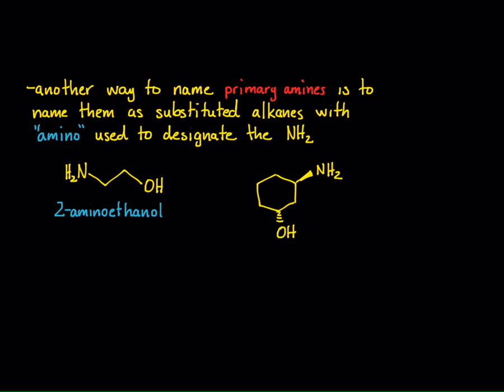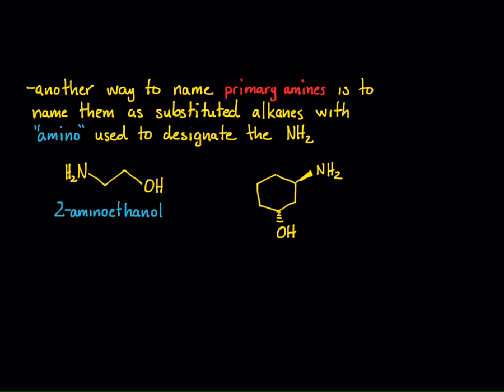Now, you always have to remember how to assign priorities and give absolute configurations. So carbon number 1, the OH would be number 1, the carbon on the right would be number 2, and the carbon on the left would be number 3. The hydrogen's coming out at me. I'm rotating in a counterclockwise direction, but the hydrogen's coming out, and so this is R.